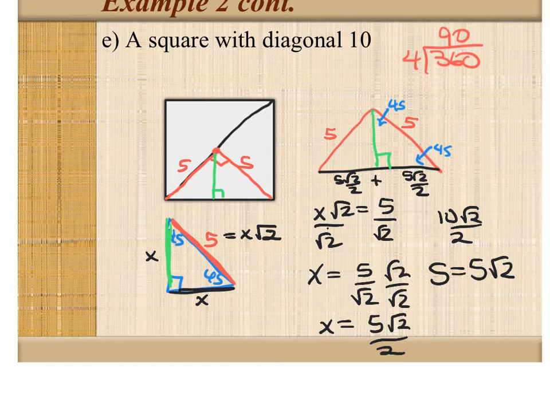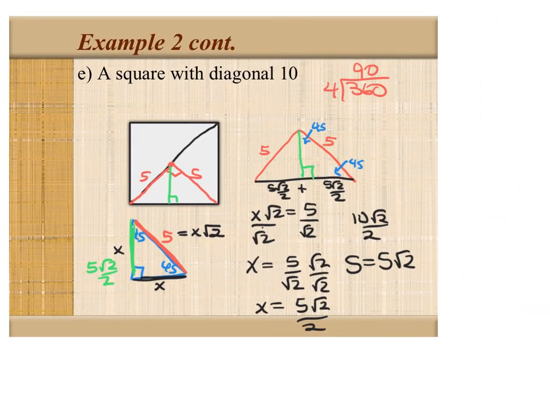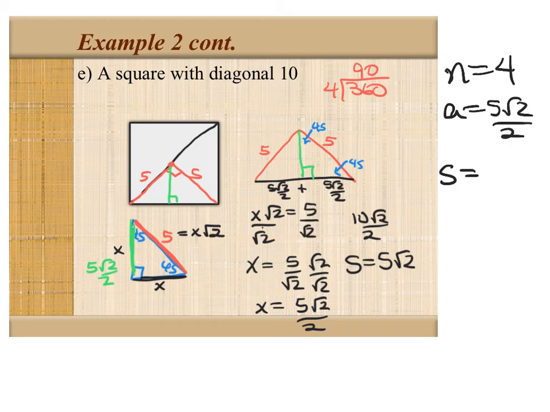So my apothem here is going to be what I just solved for x, which was 5 square root 2 over 2. So let me go ahead and write all these variables over here on the side. So the number of sides, it's a square, it's a 4. My apothem is 5 square root 2 over 2. And my side length is just 5 square root 2.